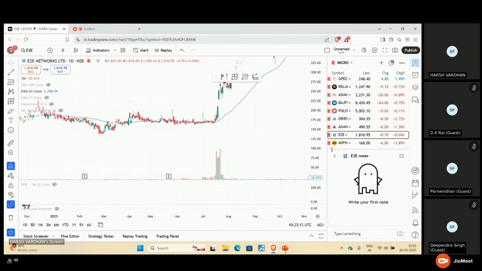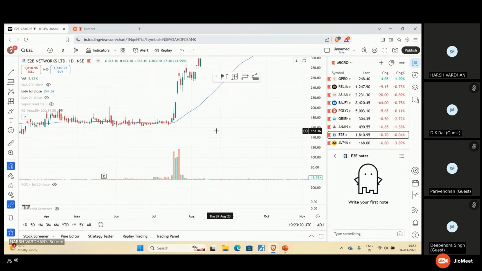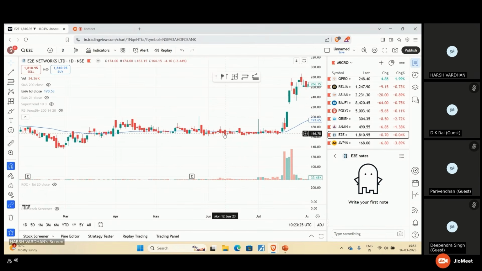Then this was an accumulation phase when the stock was between 177 level to 164. This is a tight range. So you can see the stock price is going nowhere. It just keeps on fluctuating within a single range, like a 4 or 5% range.